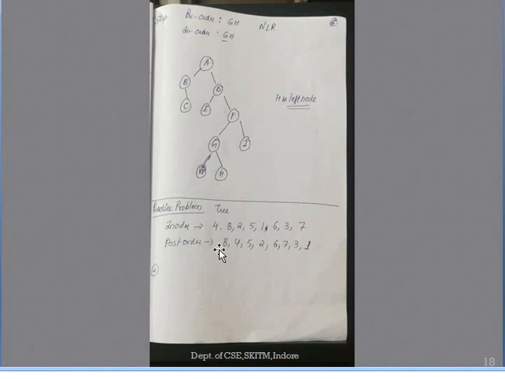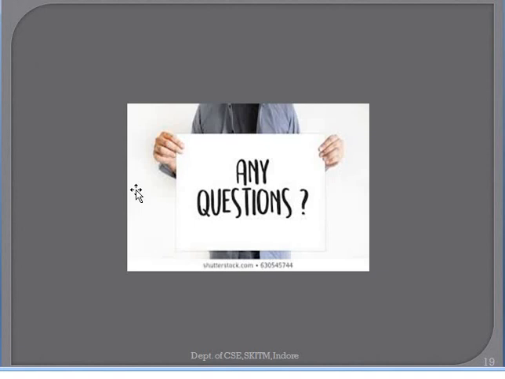So in my session I had discussed what a tree traversal is, and the three approaches that we use: the in order, pre-order and the post order. In the in order, first we visit the left child node, after that the root node, and at last the right child node.